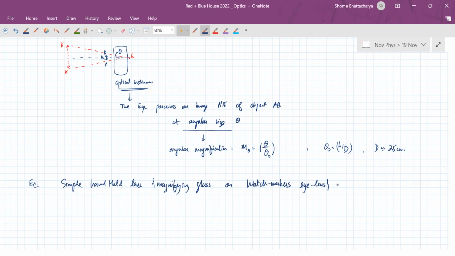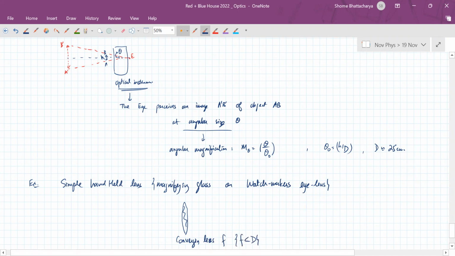So they're able to view those very small parts of the mechanical watches much more clearly and work with them. That basically consists of a simple converging lens of focal length f, such that the focal length f should be less than the value of capital D.